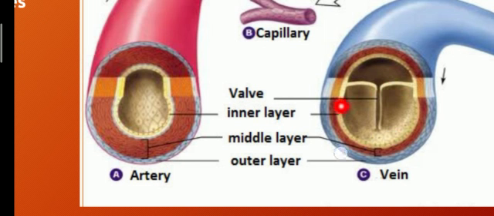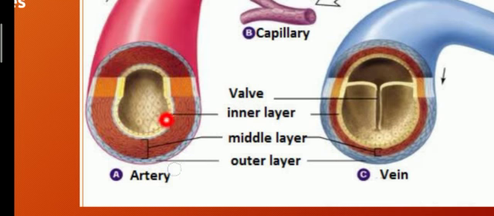So it is provided with a door-like structure which is known as valve, which prevents the backflow of blood in the veins. As the pressure in the vein is very low, the walls of the vein are very thin.